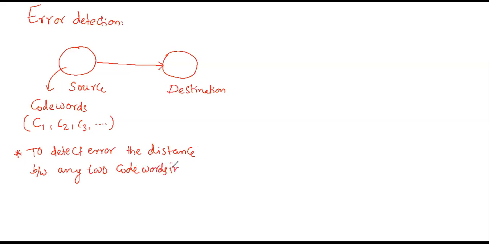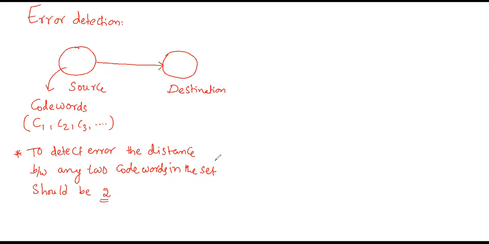Remember this point. To identify that an error has occurred, the distance between any two code words should be 2.